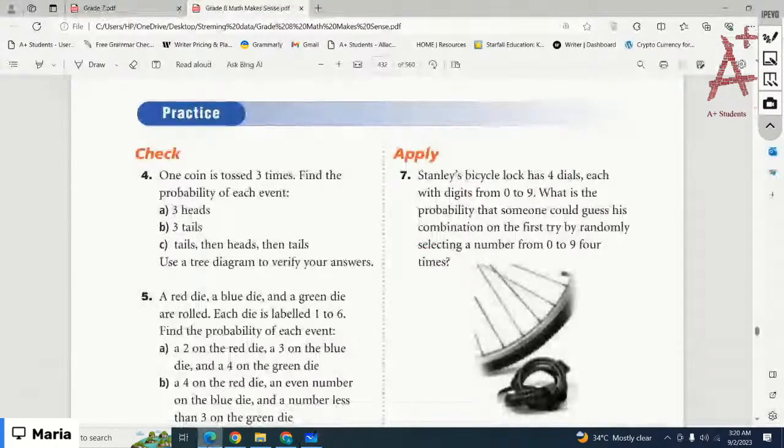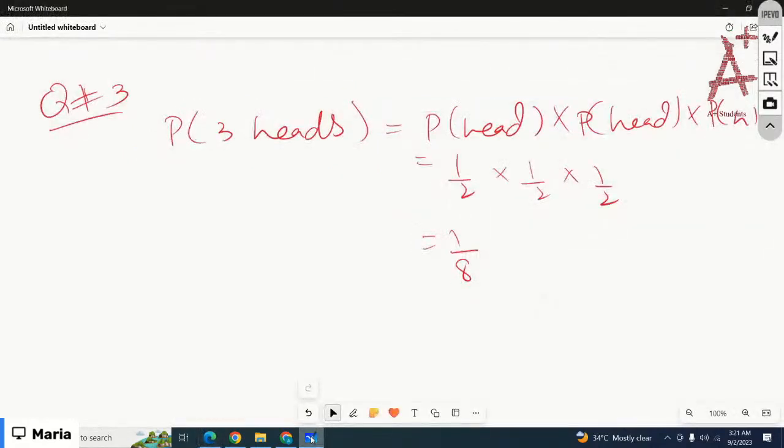So for the B part, you have to do probability of 3 tails, that would be exactly the same, because for each tail you have the same probability. Then for the C part it is probability of tail, head, tail.